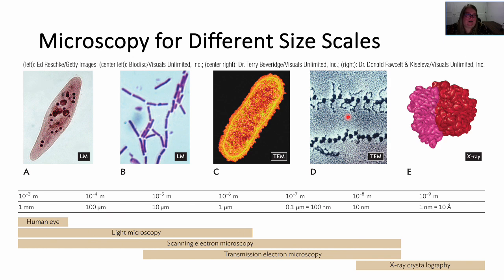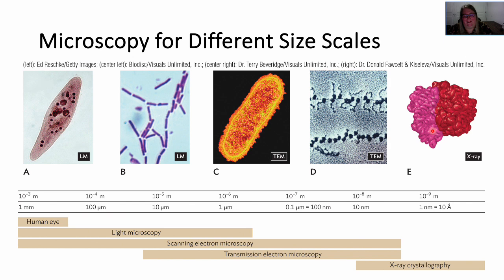Now, if we need to go smaller than these 5 nanometers, we're not going to use microscopy at all. We're actually going to use X-ray crystallography. Now, if you remember correctly, this is the same method that Rosalind Franklin used to image DNA, so we could discover that it was a double helix. Okay, so we're going to crystallize our sample, and we're going to bombard it with X-rays, and the X-rays are going to bounce off the individual atoms in the sample.